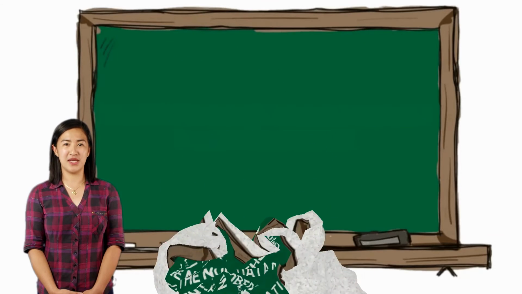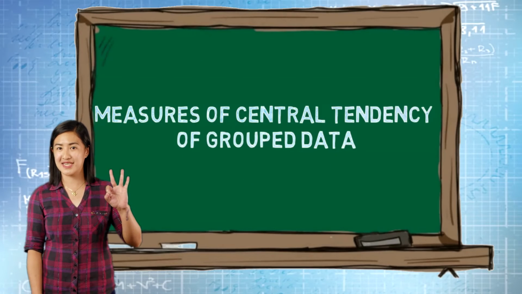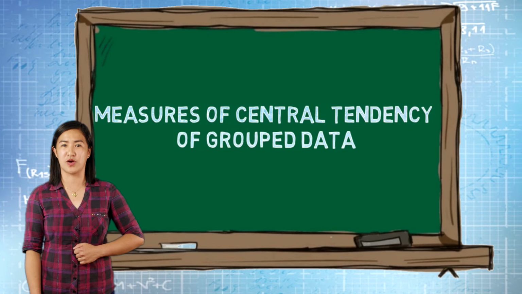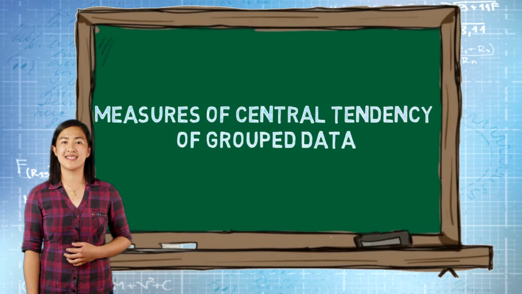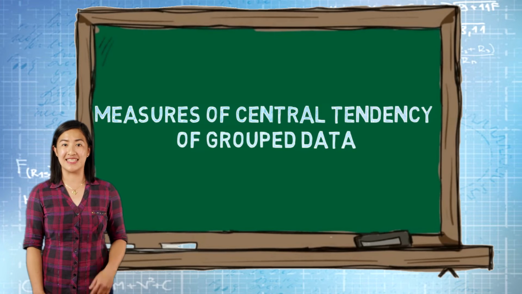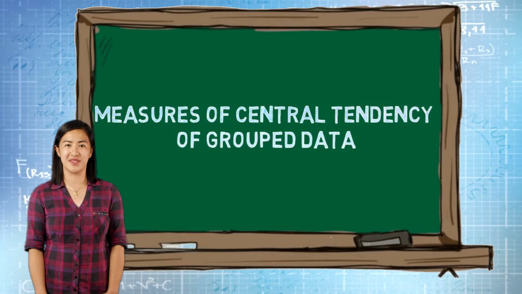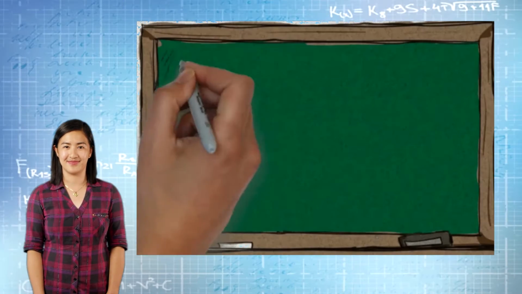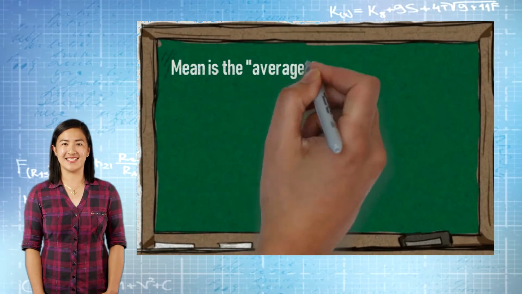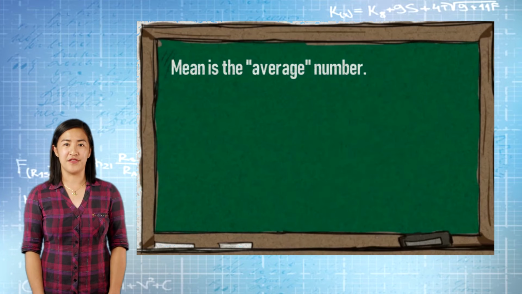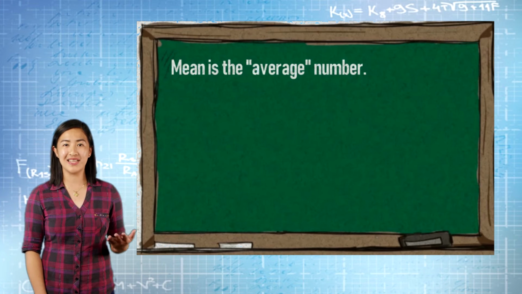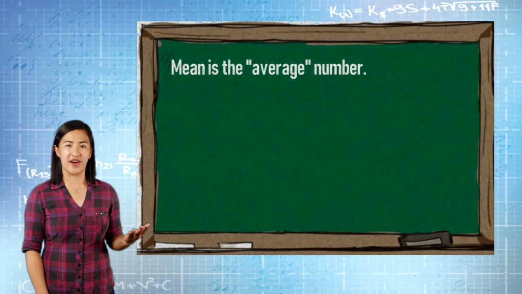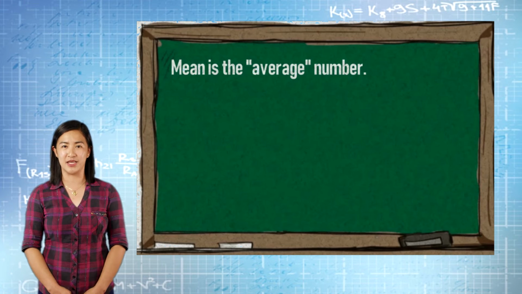The mean, median, and mode are three measures that are commonly used to describe the center of a data set. They try to summarize a data set with a single number to represent a typical data point from the data set. Mean is the average number, found by adding all data points and dividing by the number of data points.